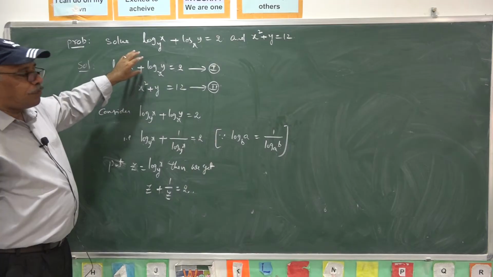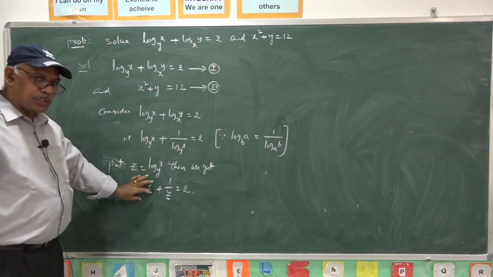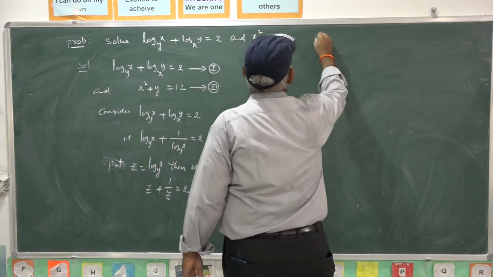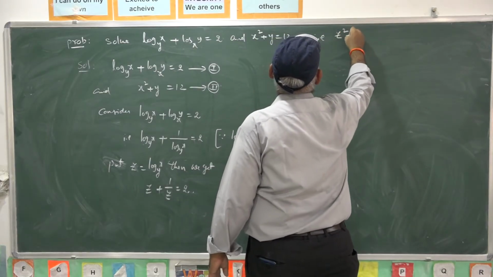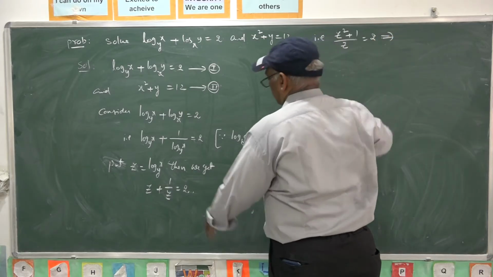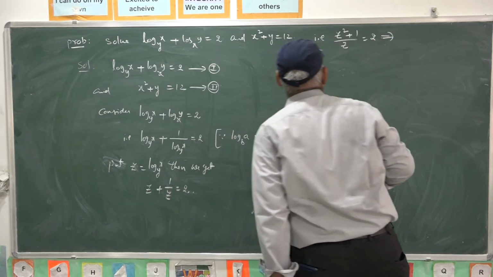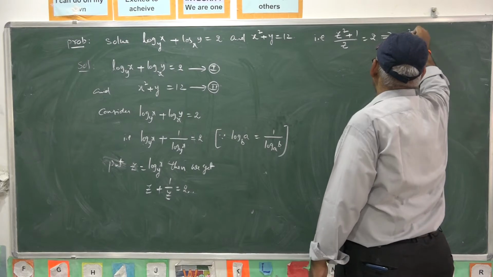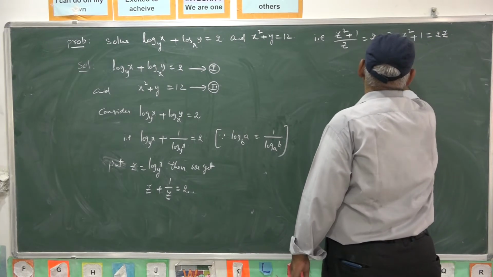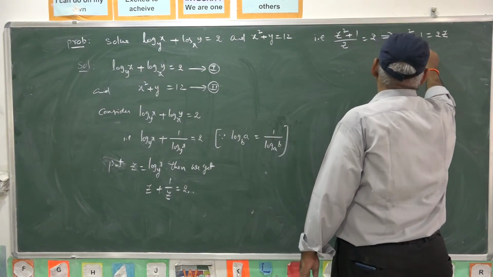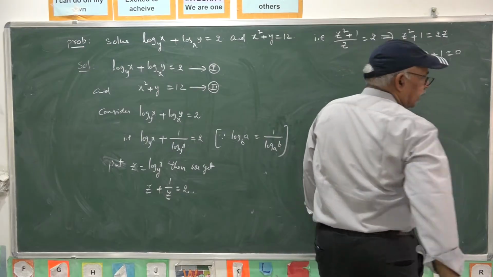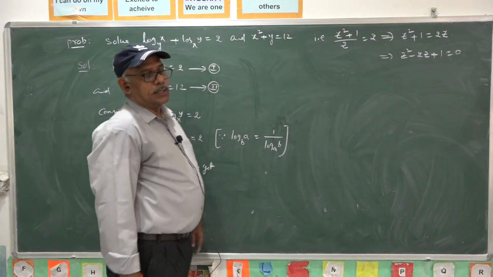That means the first equation reduces to this form. On simplification, it gives us z plus 1 by z equal to 2, or z square plus 1 equal to 2z, taking cross multiplication. That gives us a quadratic, z square minus 2z plus 1 equal to 0.